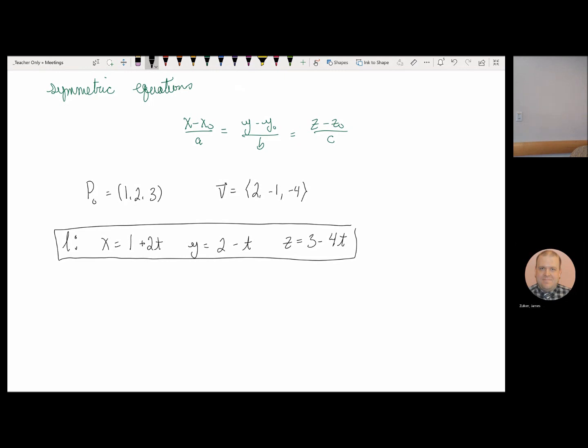Not really. That should be good. It's a column right there.